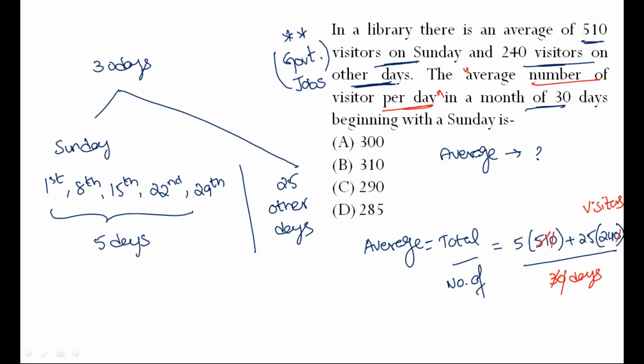Instead of adding everything, I'm just trying to calculate directly. 5 into 17 is 85, 25 into 8 is 200. So the answer is 285. The average is 285, my dear friends. So 5 into 17 plus 25 into 8, divided by 30, gives 285 as the average number of visitors.